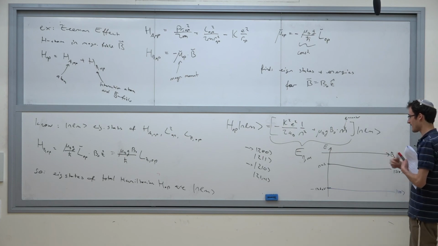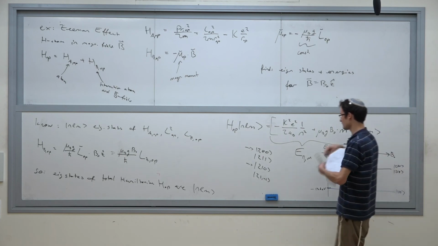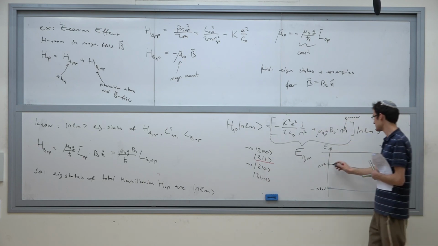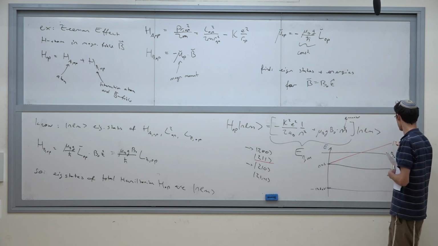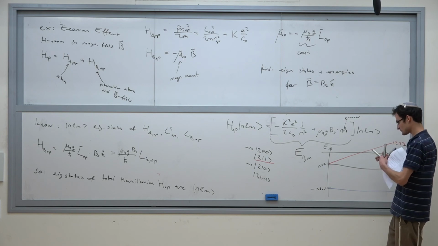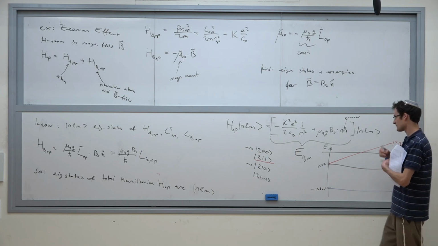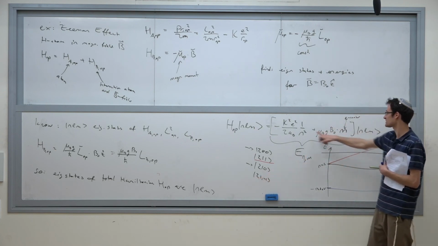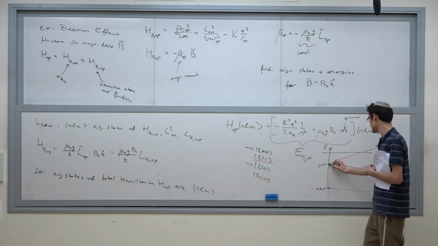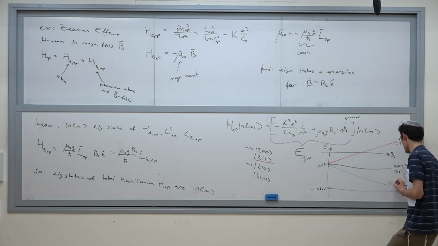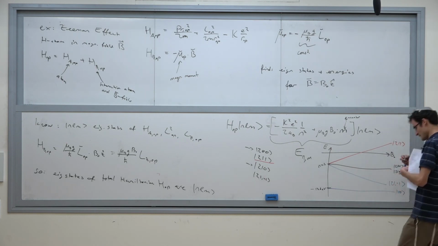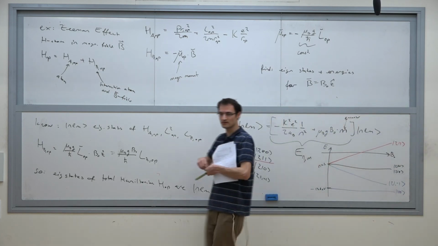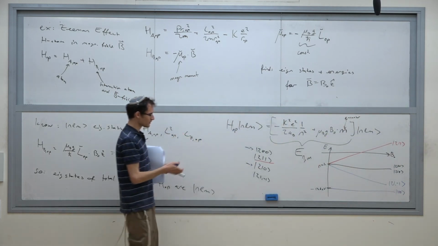But now, the state 2, 1, 1 will increase as I increase the magnetic field. And this one, 2, 1, minus 1, so m equals minus 1, there's a minus sign here, so it will decrease with magnetic field. So you see what the magnetic field has done is it has lifted the degeneracy in the quantum number m.